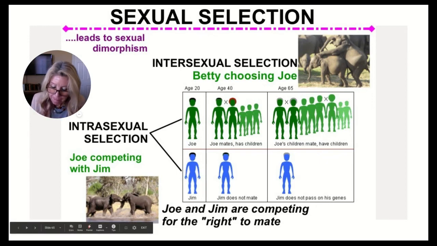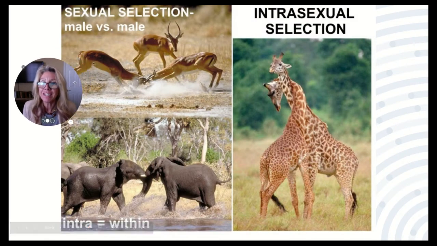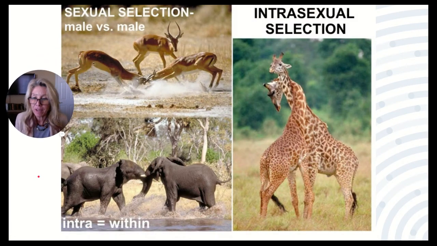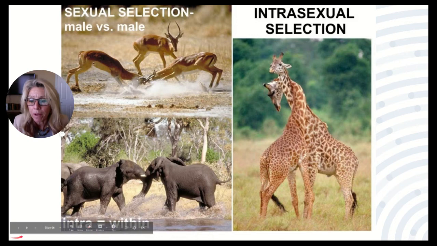So going off of this, here we go. Here you can see some fighting, intra, within. Males make more gametes, so they should compete to inseminate. They all have all these gametes, and they want to be the winner, and they will compete to inseminate. So they have to do the cost-benefit analysis. If you're going to be throwing your neck around like these giraffes and fighting, is it worth it, right?